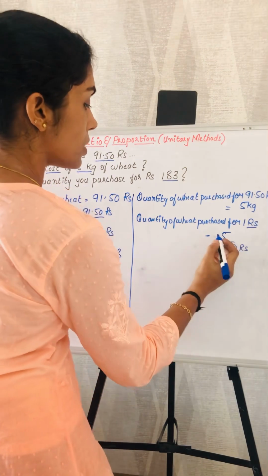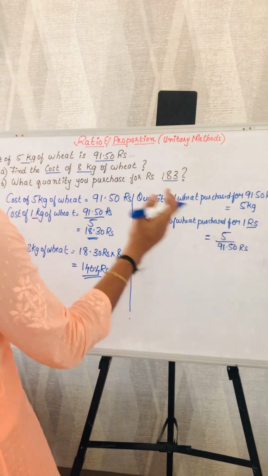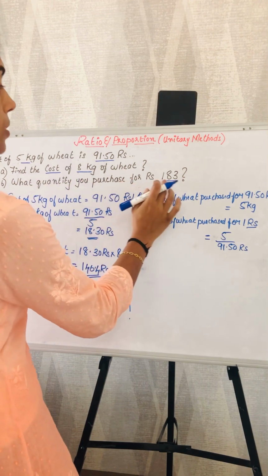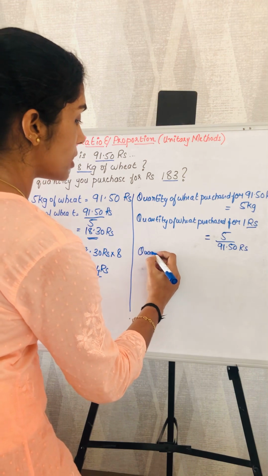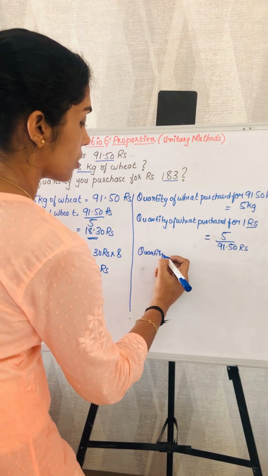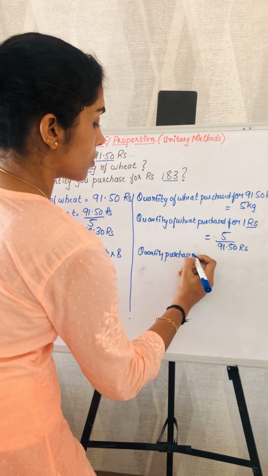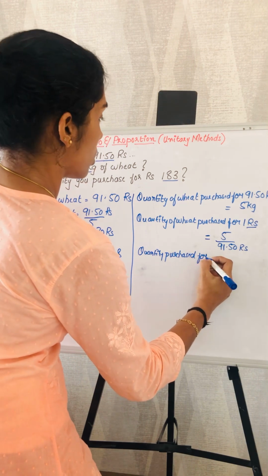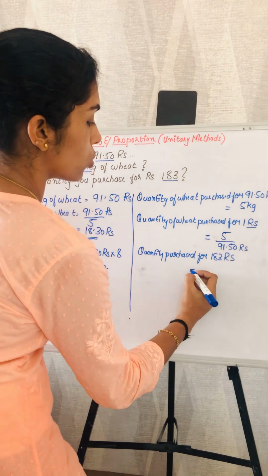Okay, now see, this division is somewhat difficult. So what is our next step? That is, what quantity you can purchase for 183 rupees. So quantity purchased for 183 rupees is what? How can you do that?